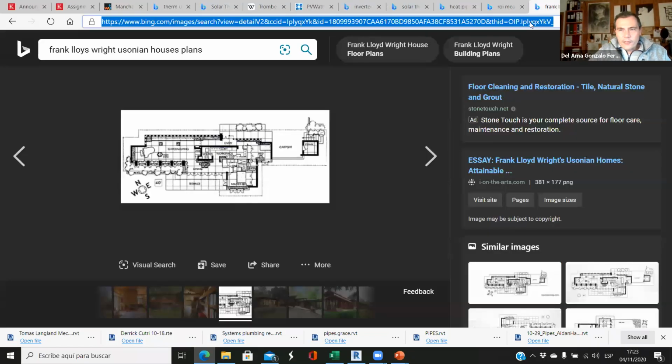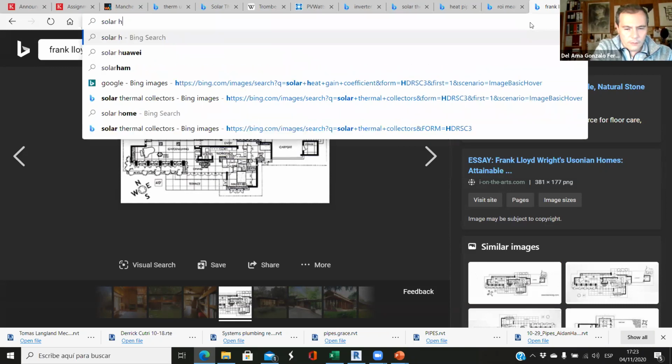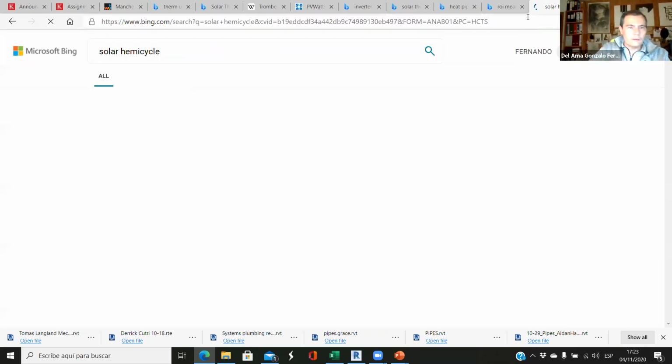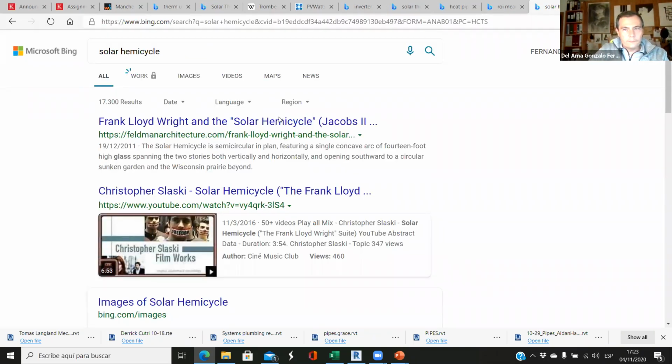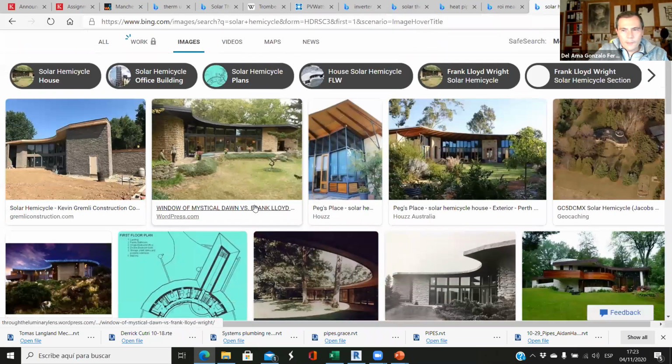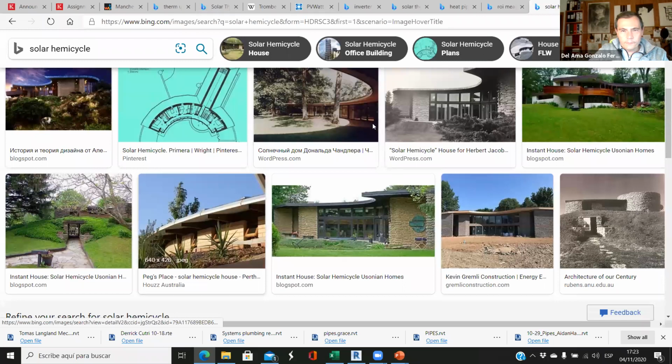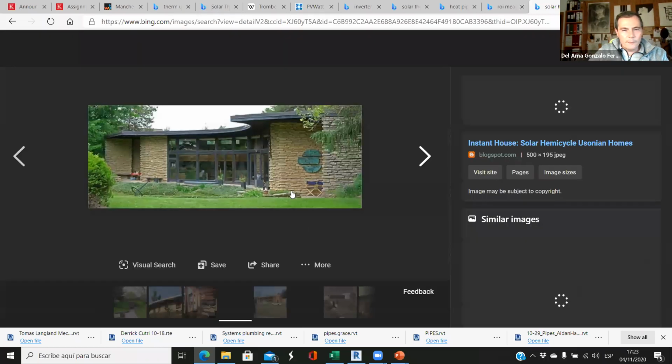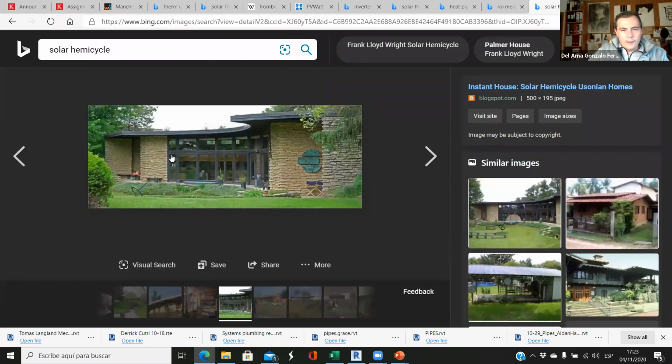my favorite Frank Lloyd Wright's house. It's the solar cycle. Yeah, this one. Okay, it's the same concept.